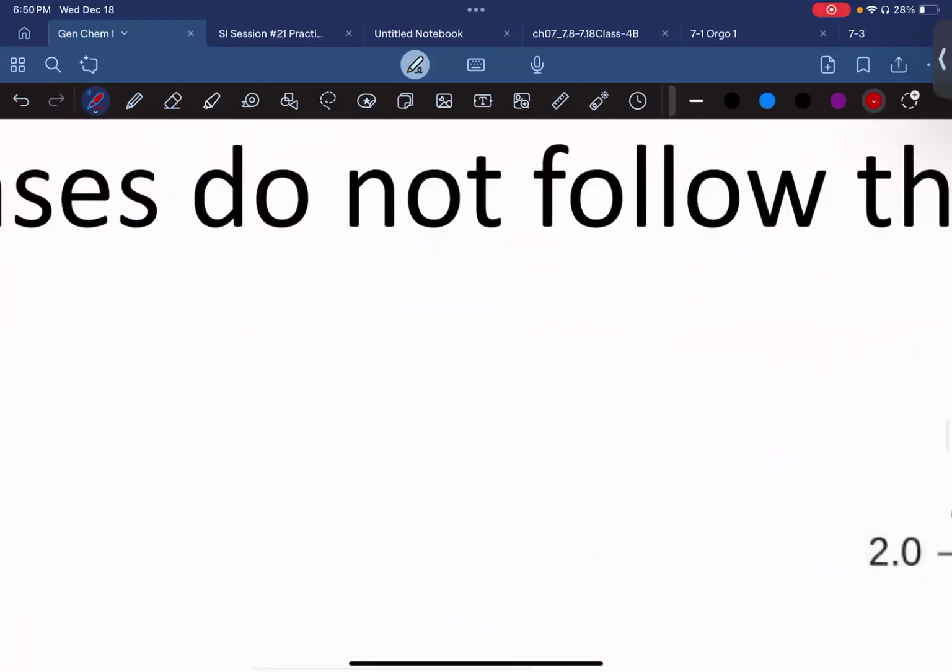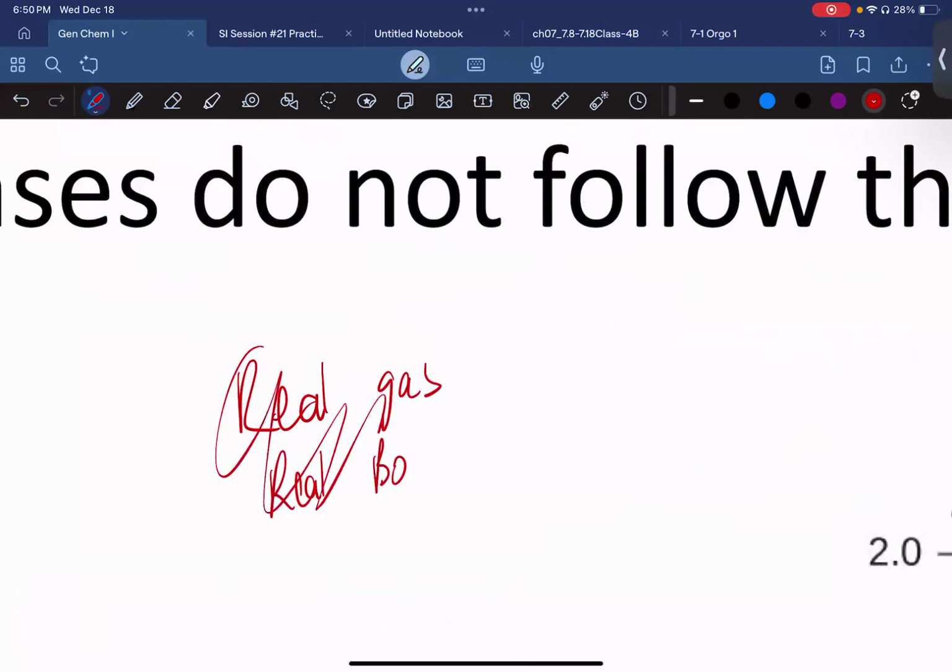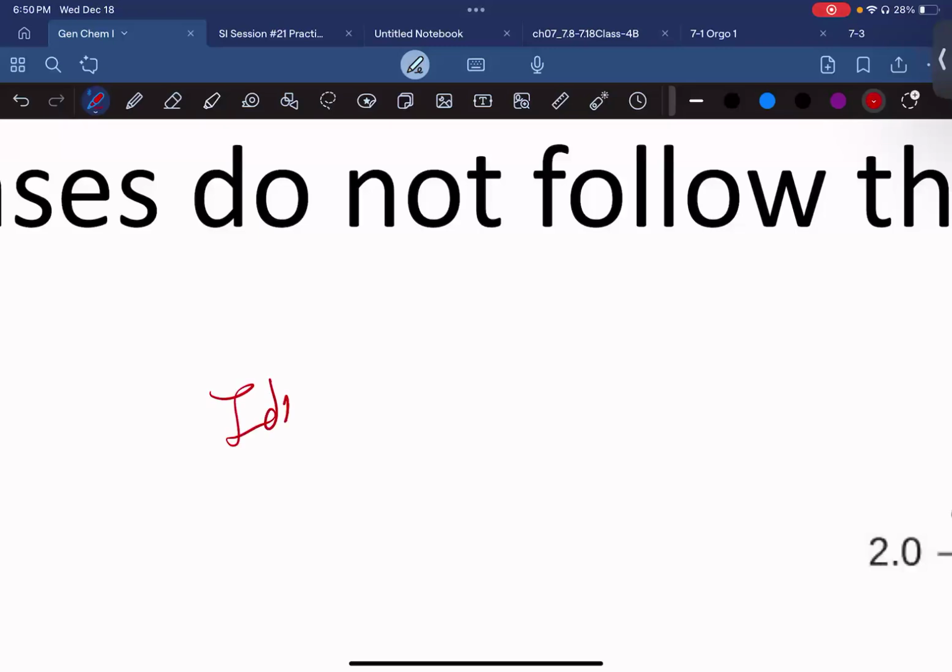A way I remember this, and this might be a little bit inappropriate: let's start with ideal gases. Ideal gases are like dreamlike significant others.